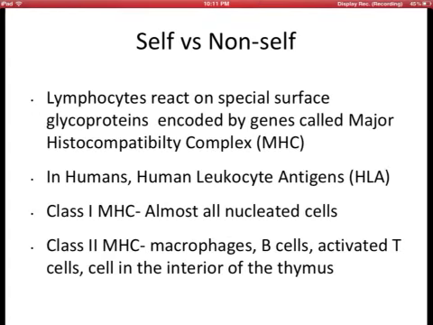So, lymphocytes react on special surface glycoproteins encoded by genes called major histocompatibility complex genes. They produce the ID of each cell called the major histocompatibility complex proteins, MHC. May dalawa tayong types: we have MHC1 and MHC2.